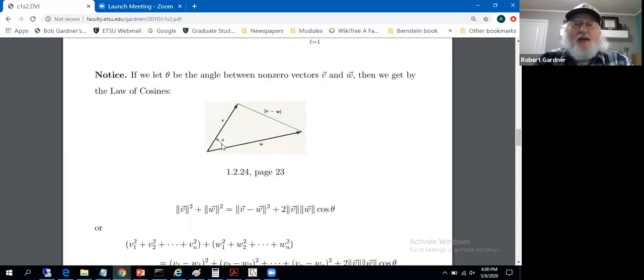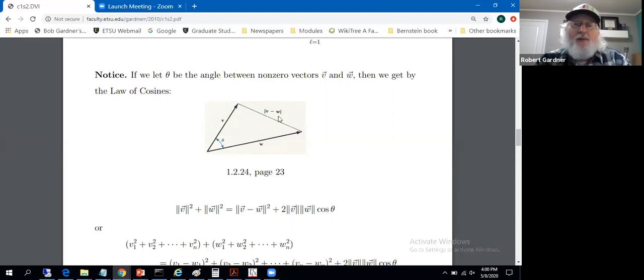All right, but we're letting theta be the angle between V and W. We're going to talk about the length of this side, which is the norm of W, the length of this side, which is the norm of V, and the length of this, which is, say, the norm of V minus W, or the norm of W minus V. And I'm talking distance, not direction.